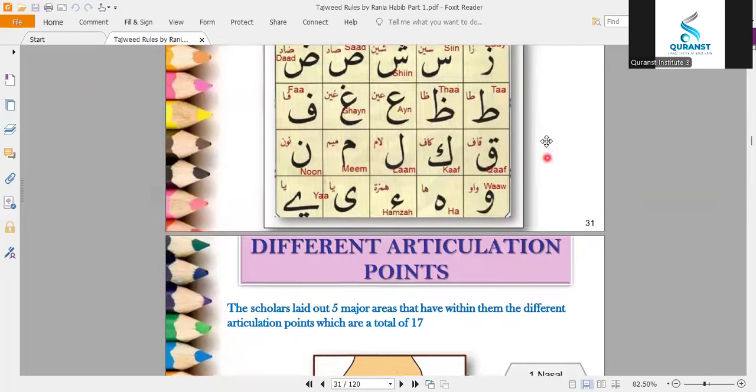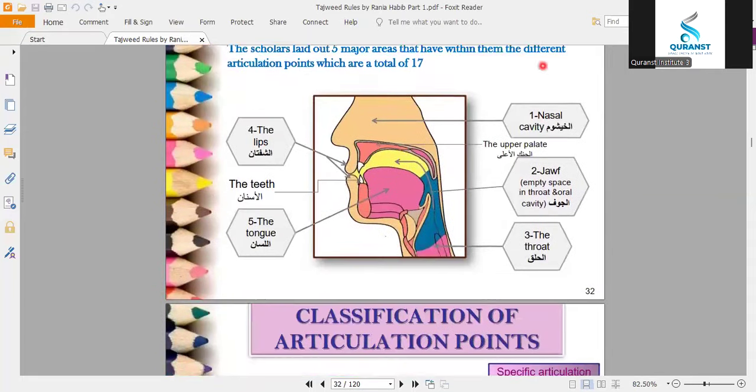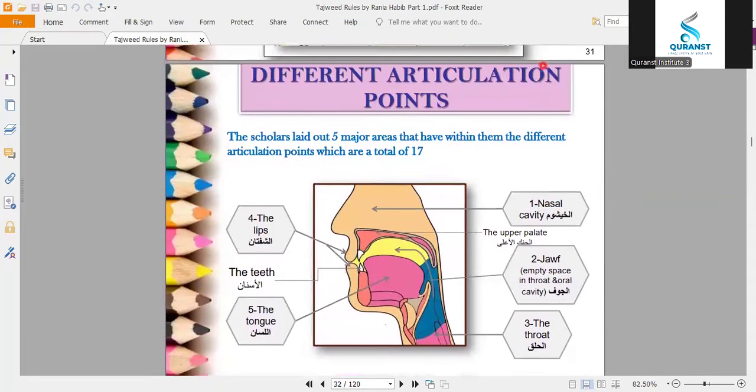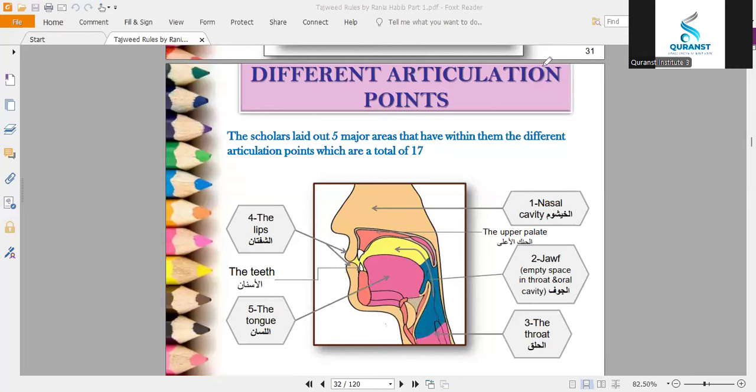So we must know how we can make them, and we must know the articulation points of the letters. We have five main articulation points, or we can make the Arabic letters from five places in the sound machine in any person.